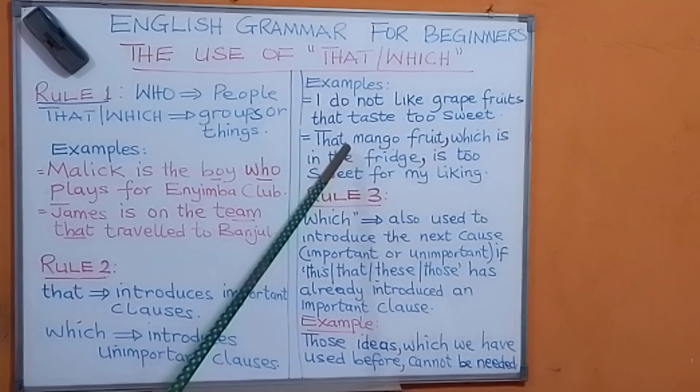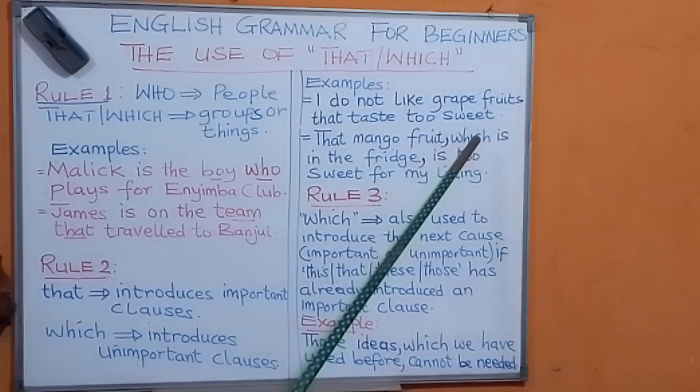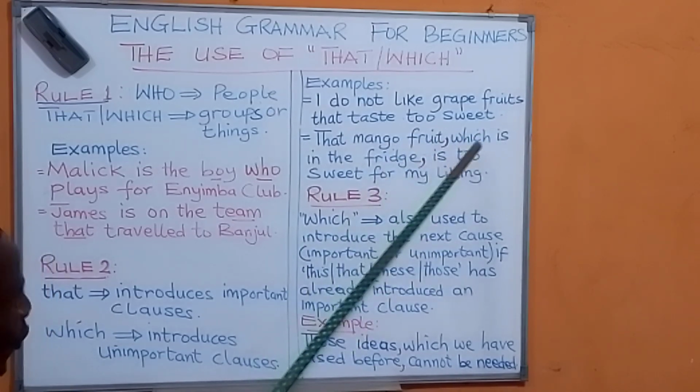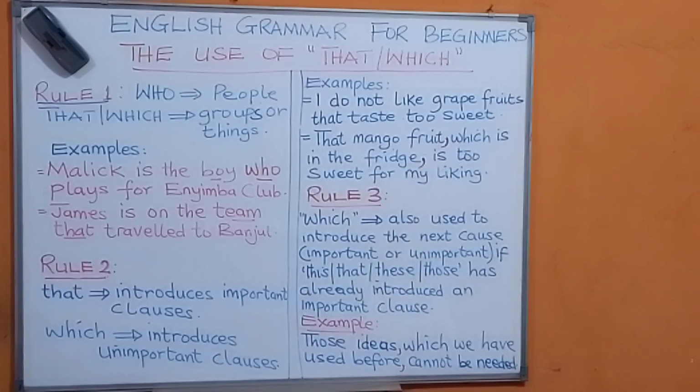Now you see the sentence says that mango fruit, which is in the fridge, is surrounded by two commas, the first comma at the beginning and the comma at the end, because it's information which may not be important. It's too sweet for my liking. You see that? So when you introduce an unimportant clause, you surround it with two commas, and then you use the word which. Rule number three.